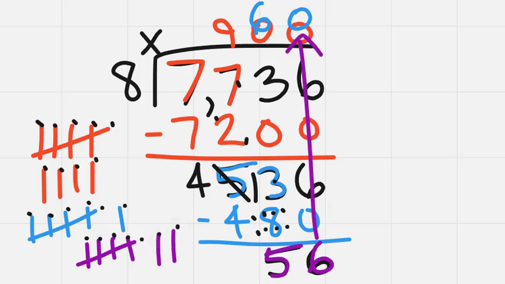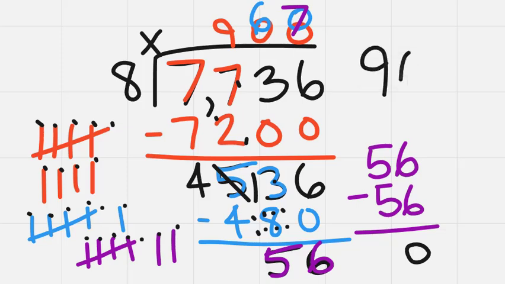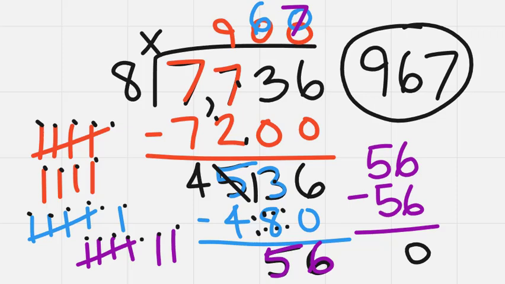We'll put the 7 straight up from where the 56 is, and then we'll subtract. 8 times 7 is 56, and 56 minus 56 is 0. So that means that our answer is 967. Well done. Be sure to check your work.